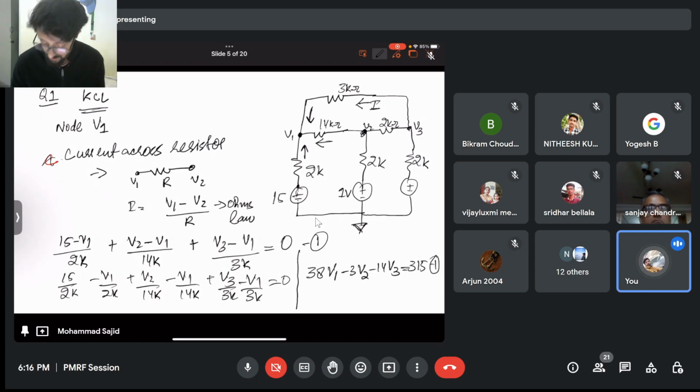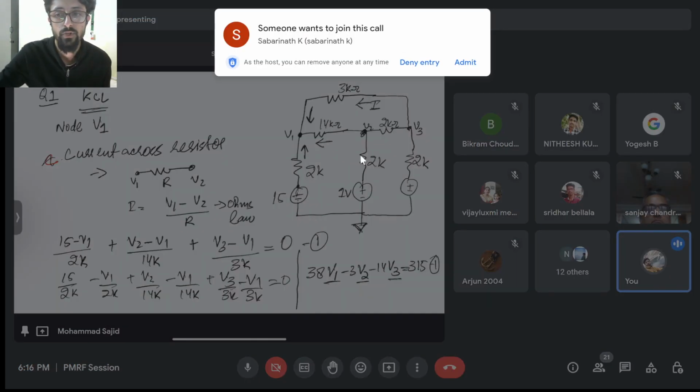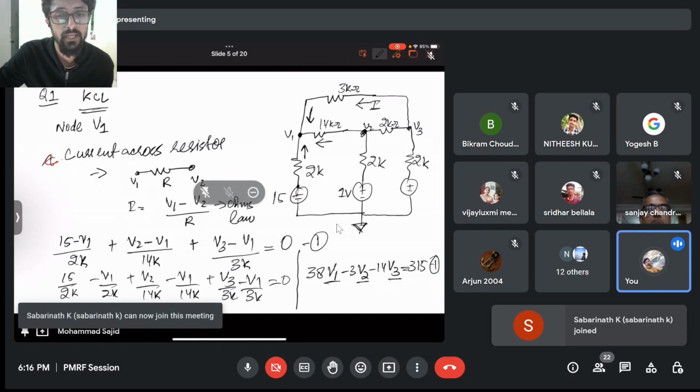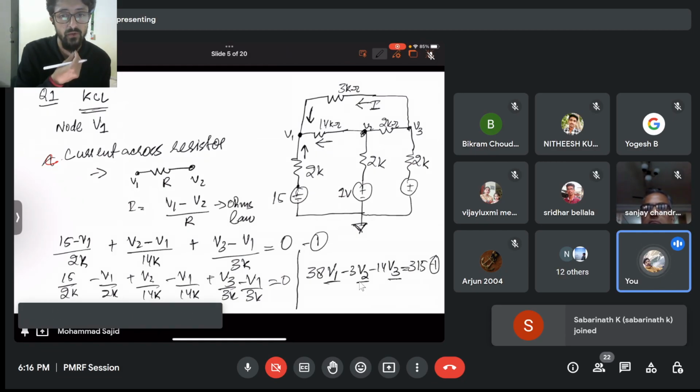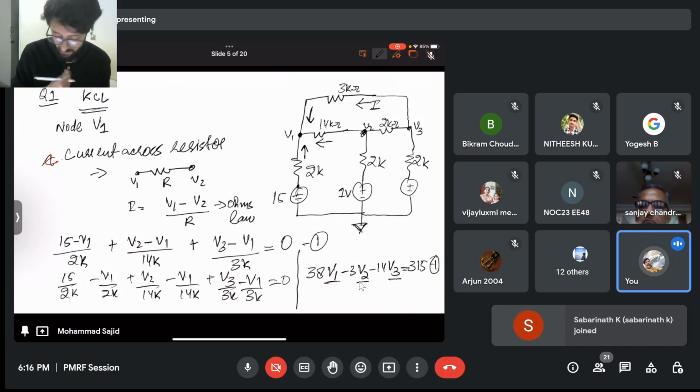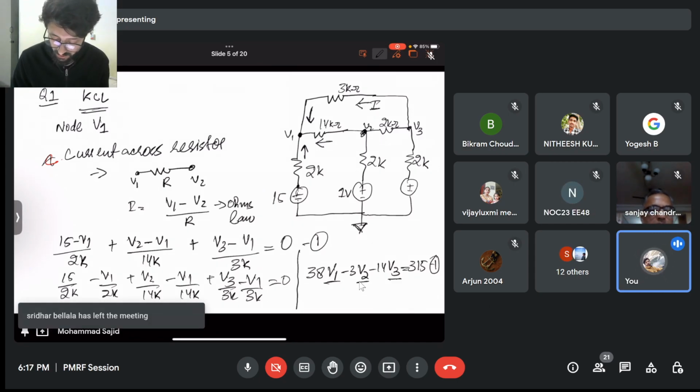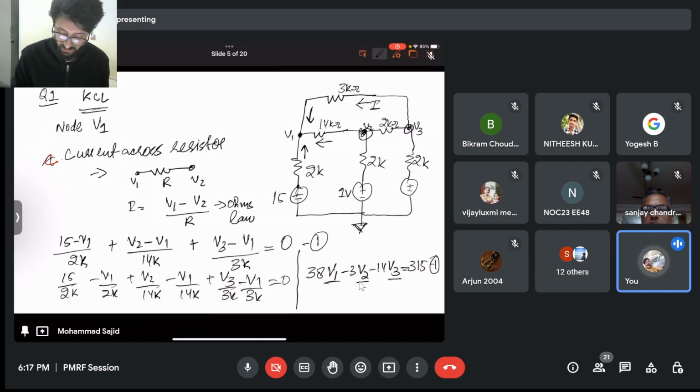As you see, there are three variables, V1, V2 and V3, so you will require three equations to get an answer. You need two more equations. So you have two more nodes, V2 and V3, right? We will again do KCL at these nodes and find another two equations.